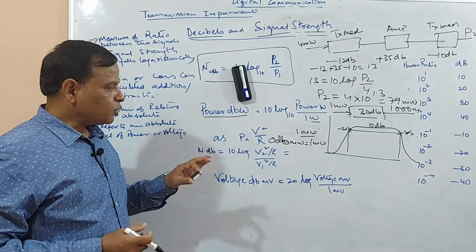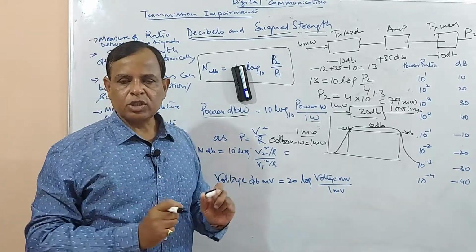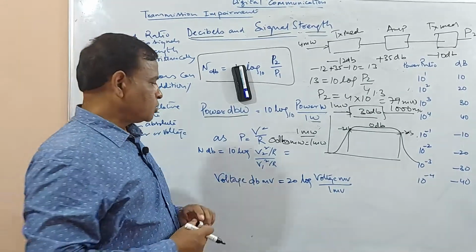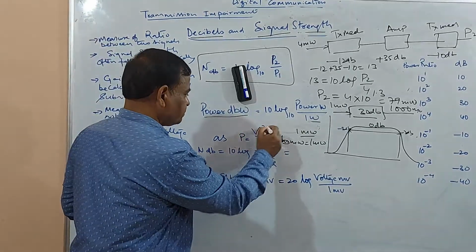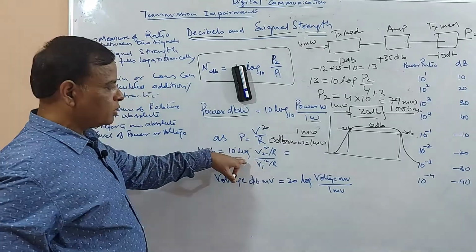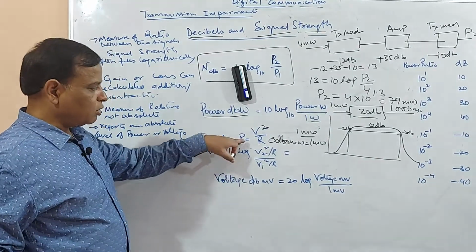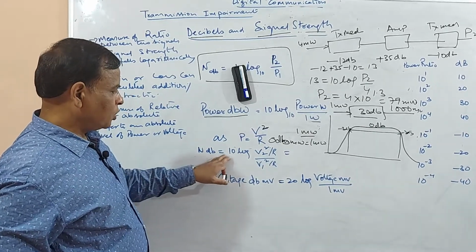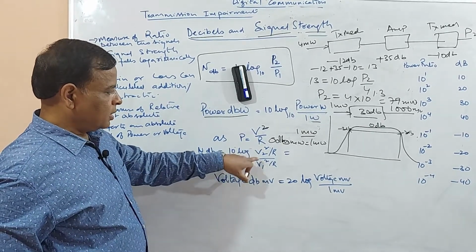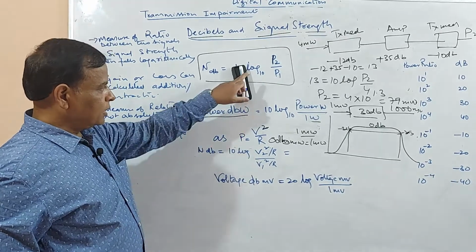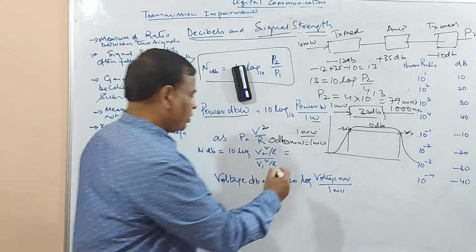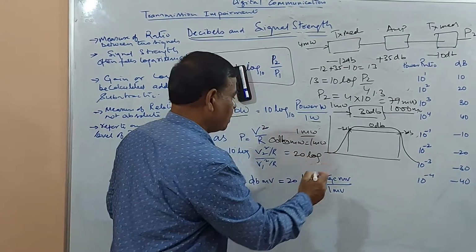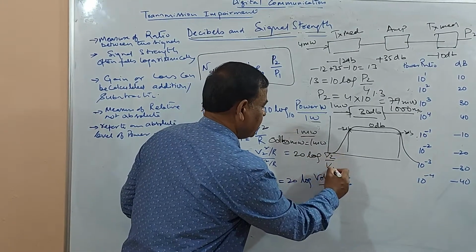That's why there we always talk in terms of millivolts. You can convert into the voltage form also. We know this particular formula, power is equal to V square by R. So if you replace the power with V square by R in this formula, what we are going to get is 20 log V2 by V1.